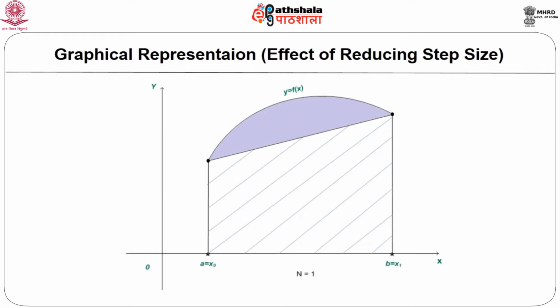Let us see what is happening graphically. You can have a look at the figures shown here. These figures one by one show that the number of intervals is increasing.